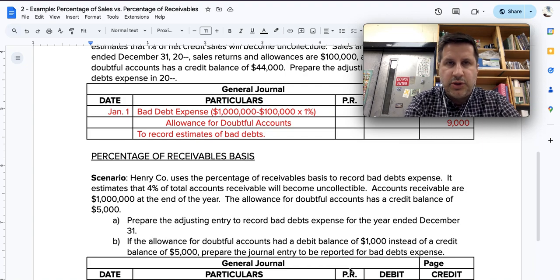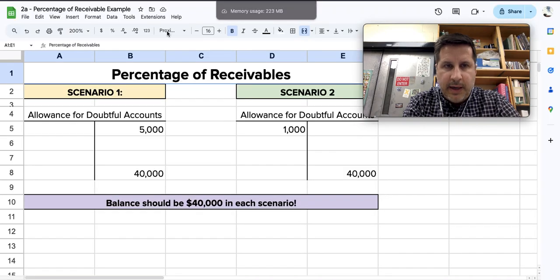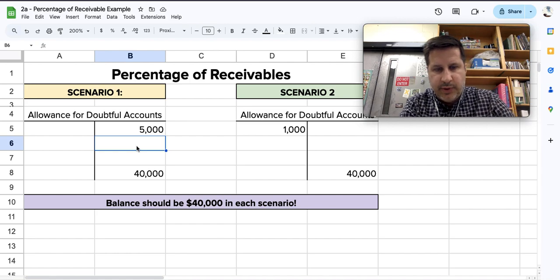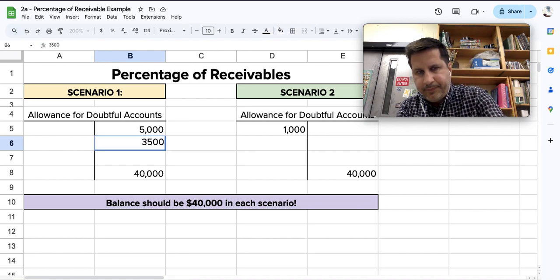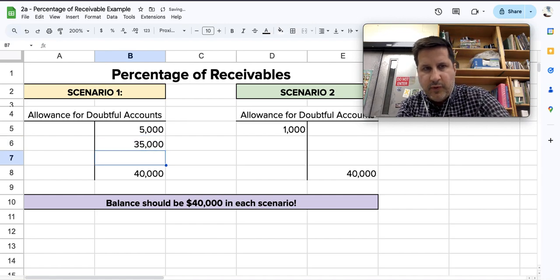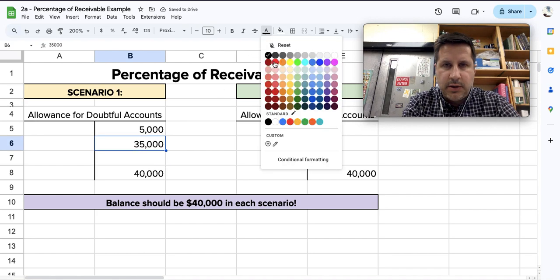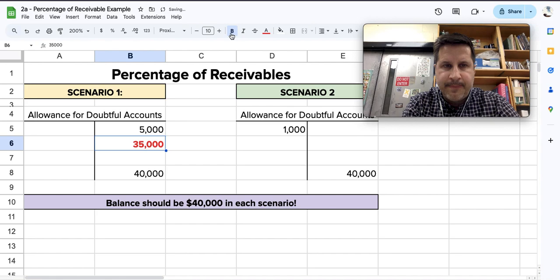So I'm going to show you now. I'm going to take you over to a spreadsheet. And this is the scenario here. So this is what the balance should be, but it is showing right now as $5,000. So when we look at it on a T account, we know that in order to get to $40,000, we're going to need to do an adjustment here, because 5 plus 35 is 40.